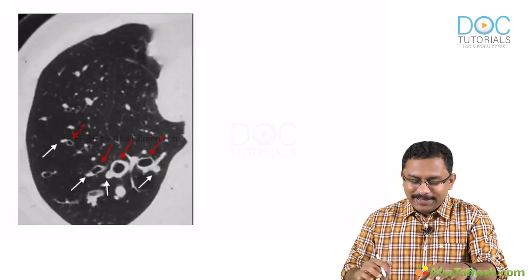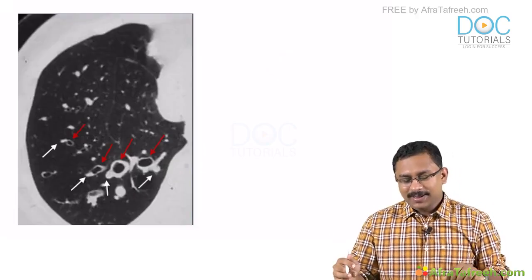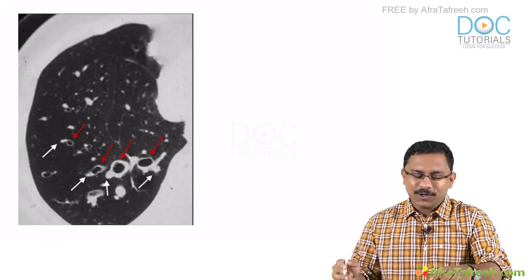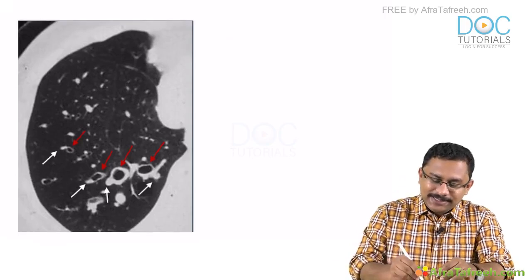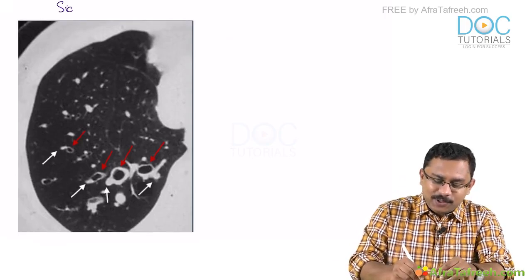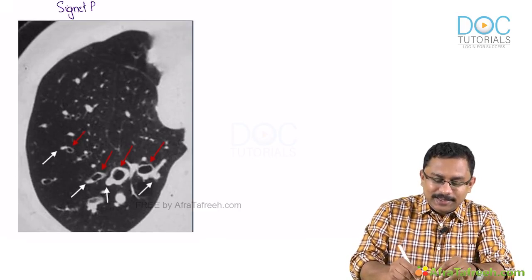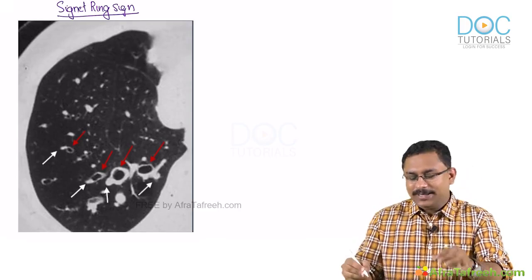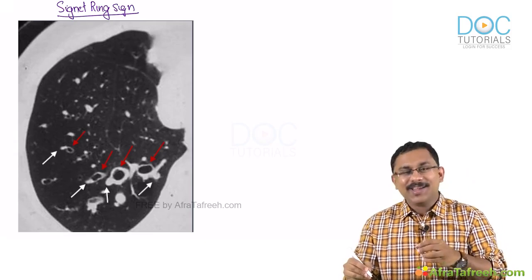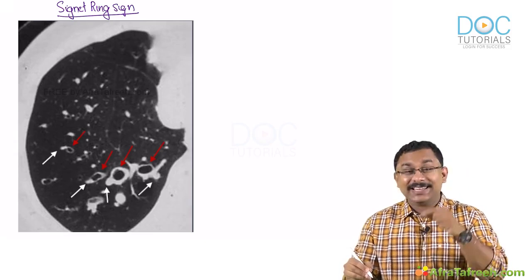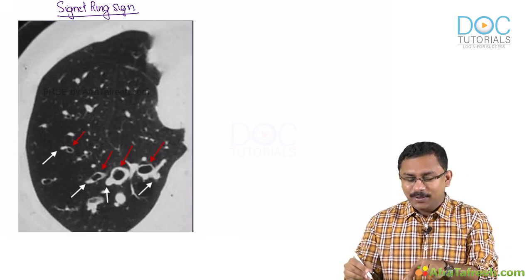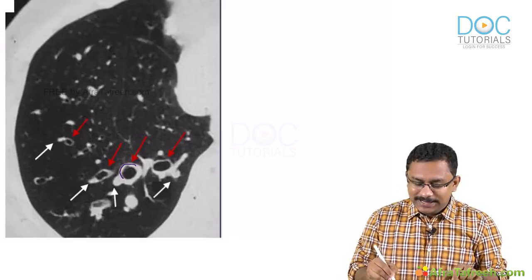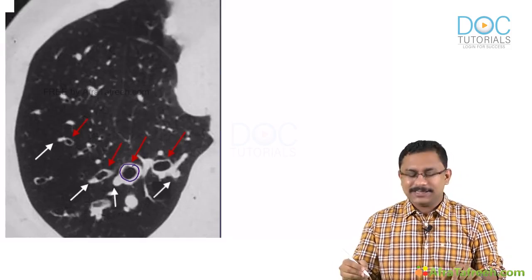Now another sign that you can see in bronchiectasis is referred to as the signet ring sign. What does the signet ring sign mean? You will have an area of dilated bronchus which you are seeing in the red arrow. Focus on the red arrow in the picture.